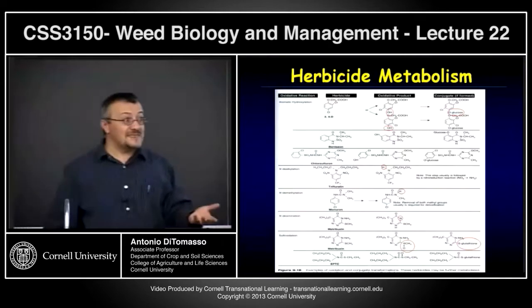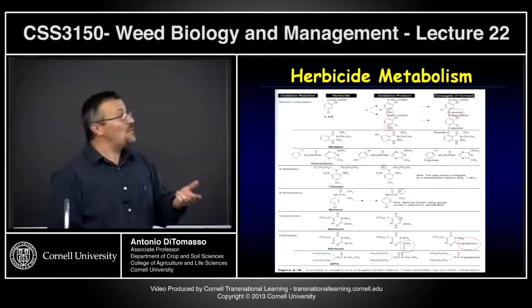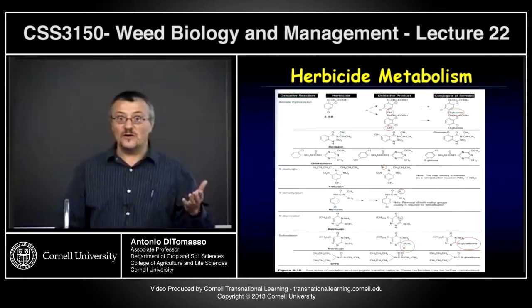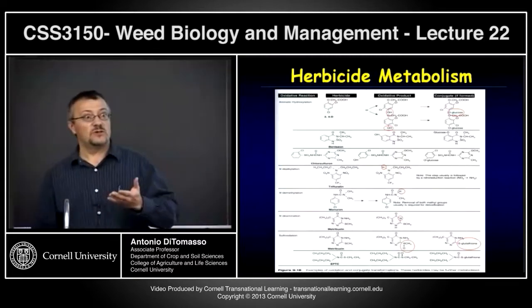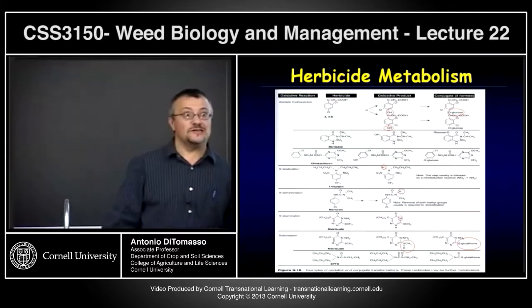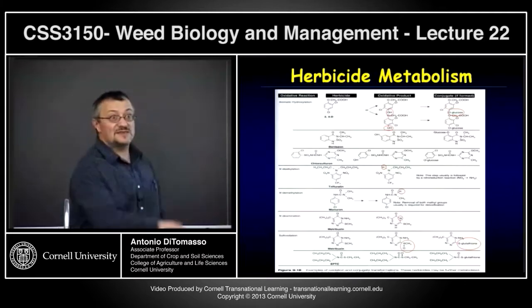When you get resistance development, which is going to be the next section I'm going to cover, you're going to see that some plants, for whatever reason, some broadleaf weeds, have gone through a mutation. There's been an error in the DNA replication, and for whatever reason, they are capable of doing these processes themselves.